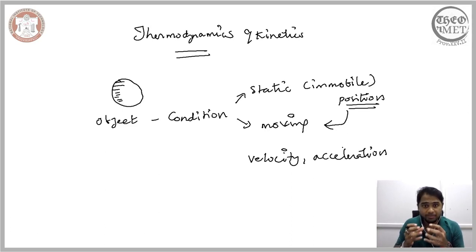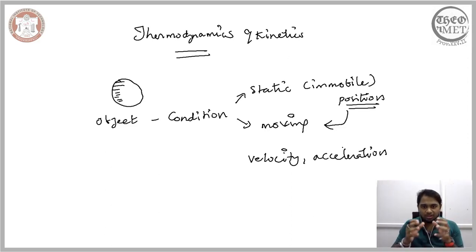Now when you want to be precise, we want to have a comprehensive description of the condition in which the object is present. So in that case we need some understanding of additional variables like velocity and acceleration.